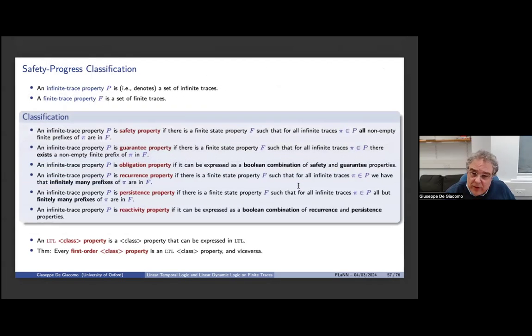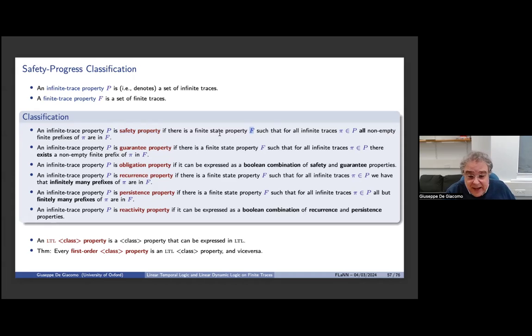Now, what is super interesting, if you look at this safety-progress classification, is that they are really classifications based on talking about infinite trace properties through finite trace properties. So when you talk about safety, for example, you are saying safety is an infinite trace property, and it says that all the non-empty prefixes of the traces that satisfy the property in fact satisfy a finite trace property.